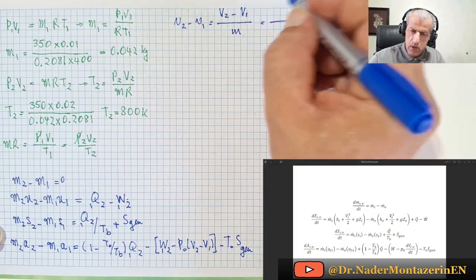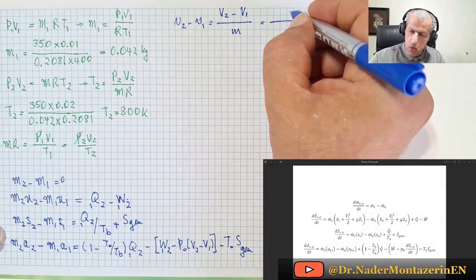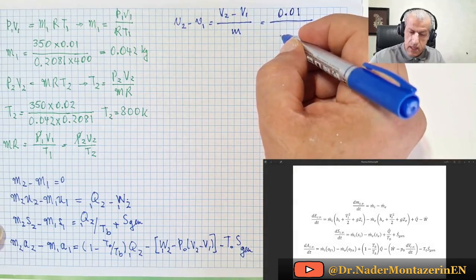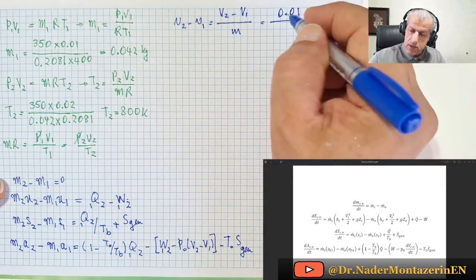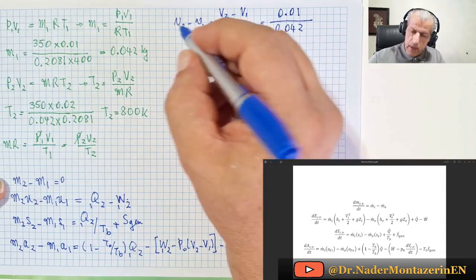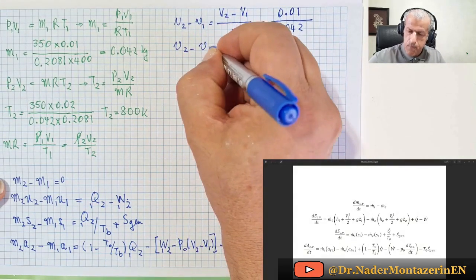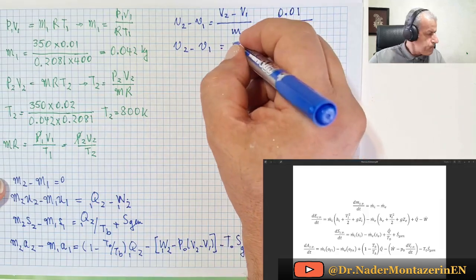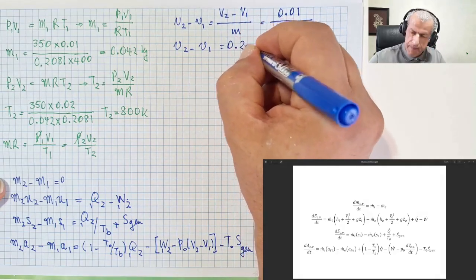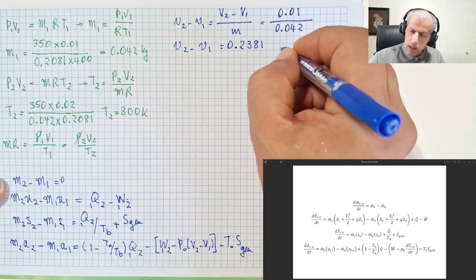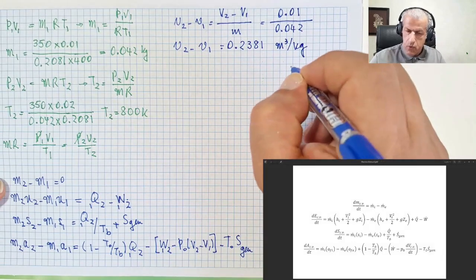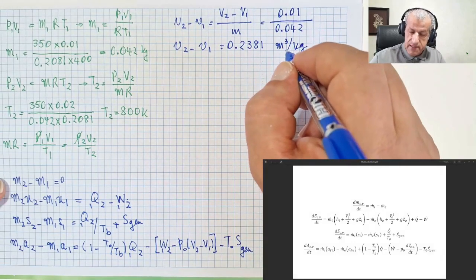V2 minus V1 is 0.01, and mass I have already calculated to be 0.042, and therefore V2 minus V1 equals 0.2381 cubic meters per kilogram. Okay, that's what we get from the mass conservation.